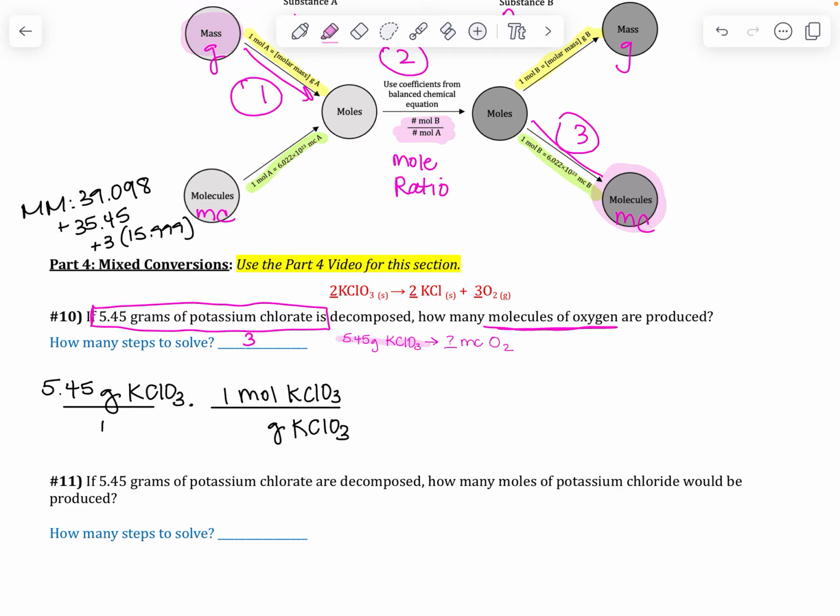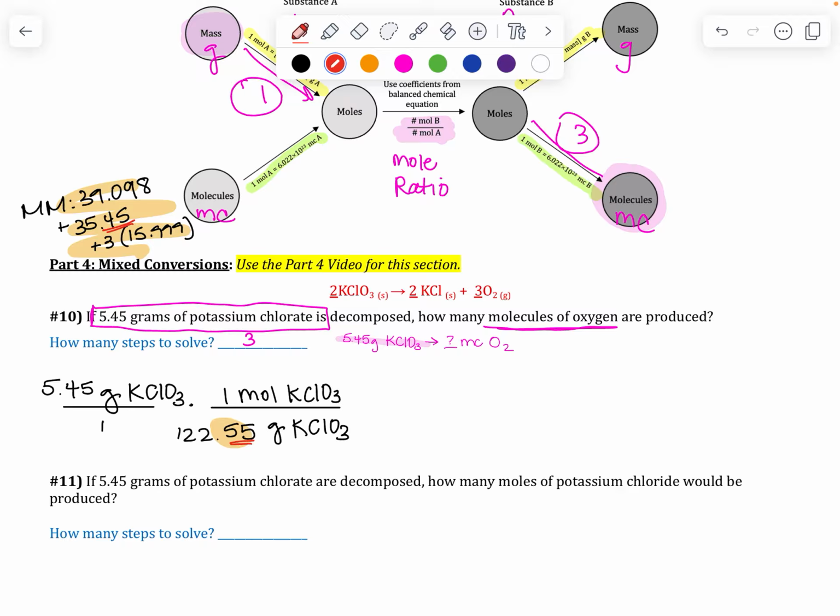And once I find that molar mass, that's going to go into my conversion factor down here. So adding that all up, I got 122.55. And notice that I have 2 digits after the decimal there, so I'm going to have 2 digits after the decimal, following my adding sig fig rules.